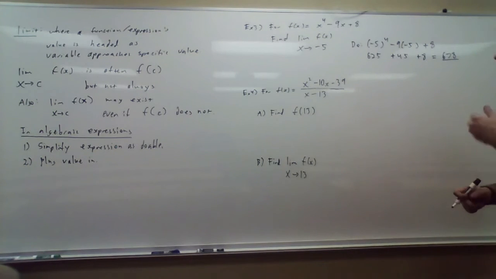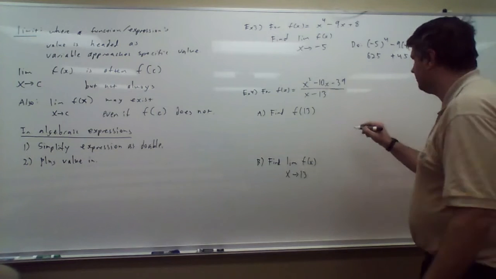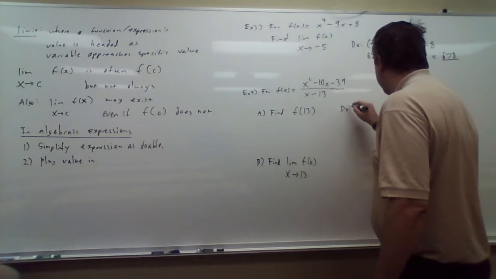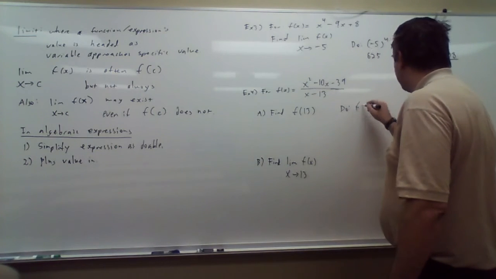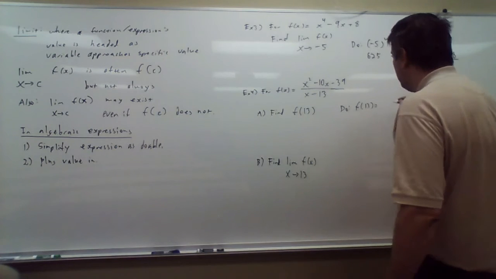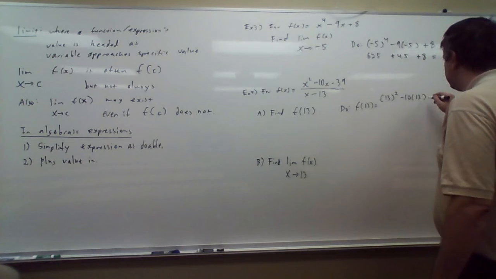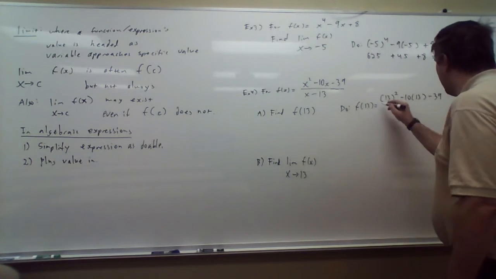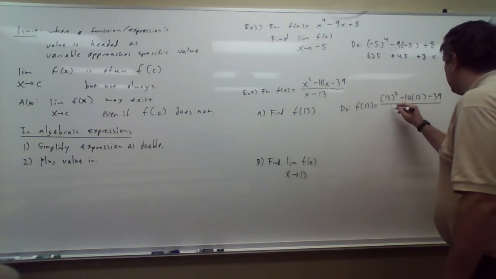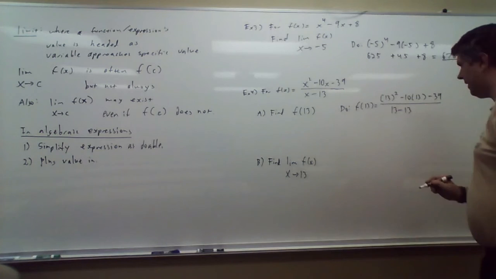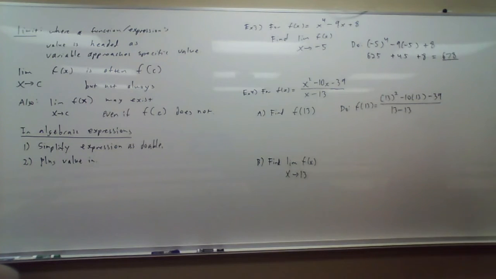Okay? Now, for this one, I want f of 13. So, f of 13 would equal 13 squared minus 10 times 13 minus 39 over 13 minus 13. Okay?